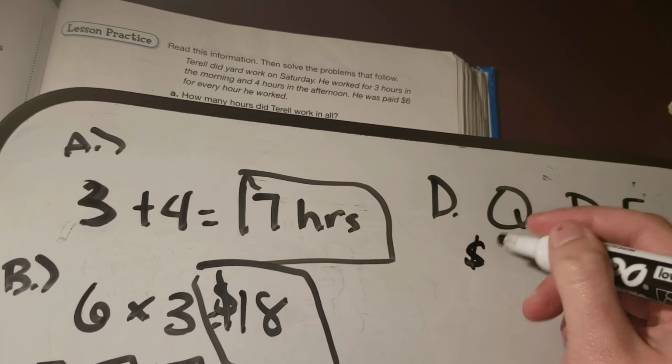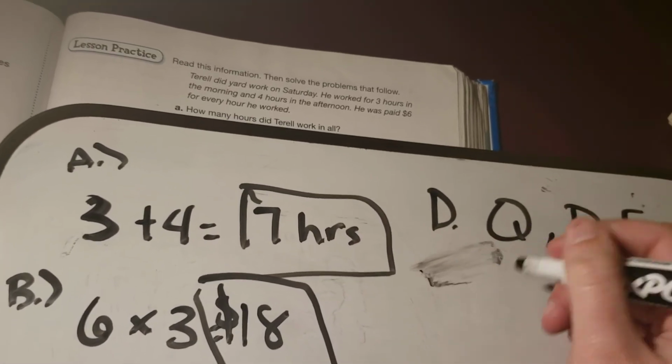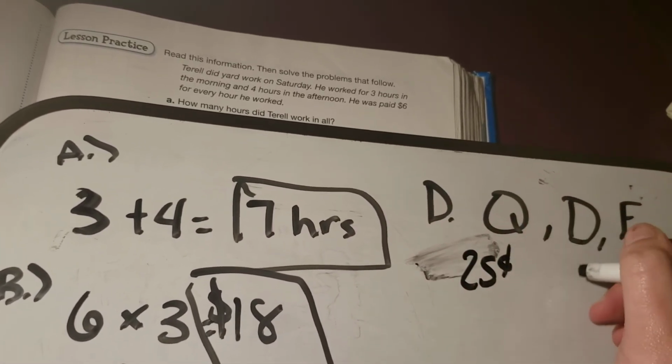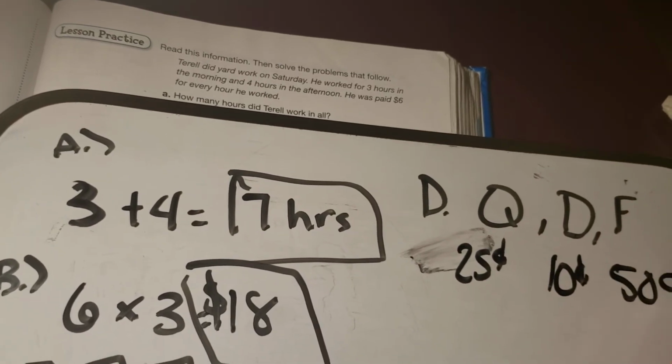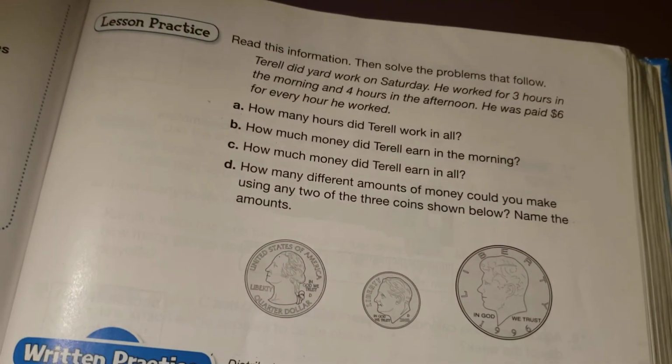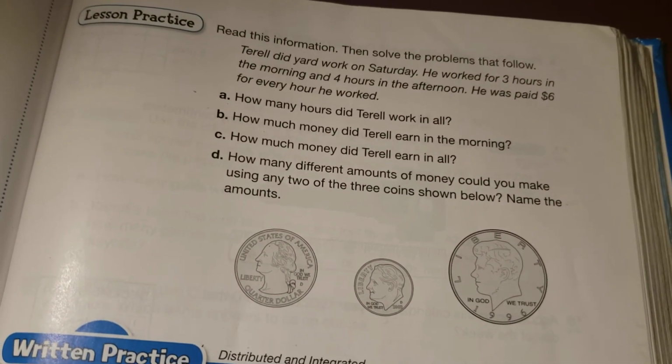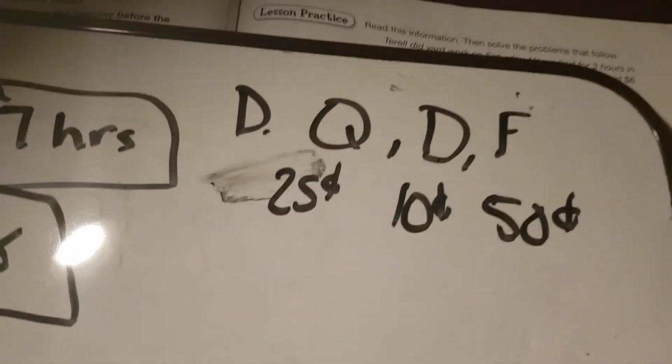You can also write 25 cents, 10 cents, and 50 cents. So, how many different amounts of money could you make using any 2 of the 3 coins shown below? So we're not going to use all 3, we're just going to use 2.